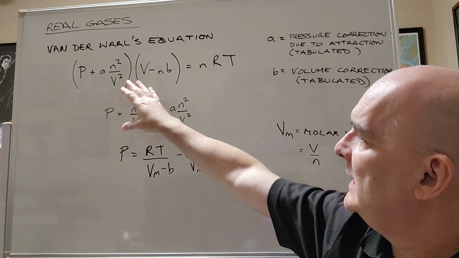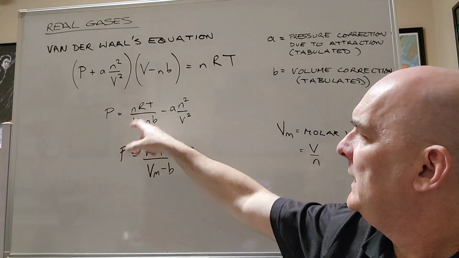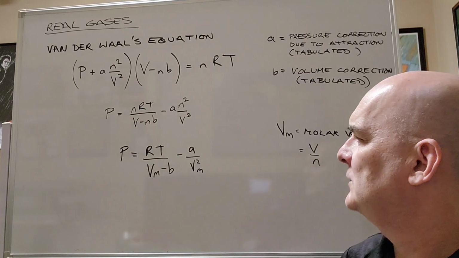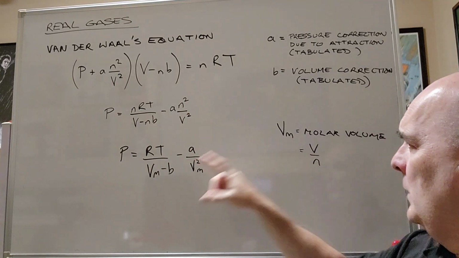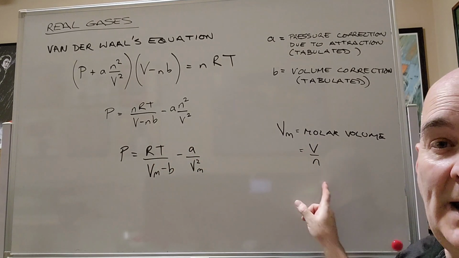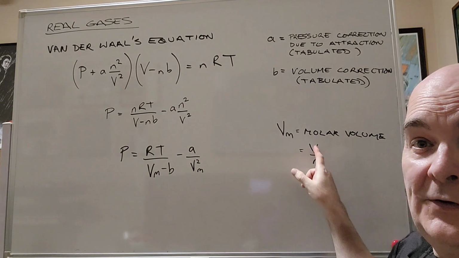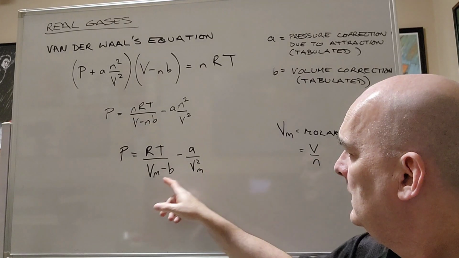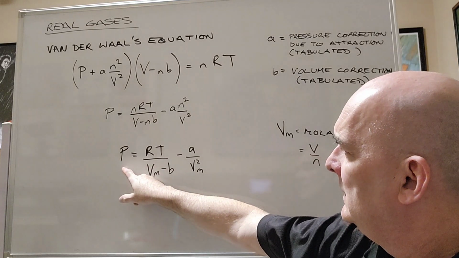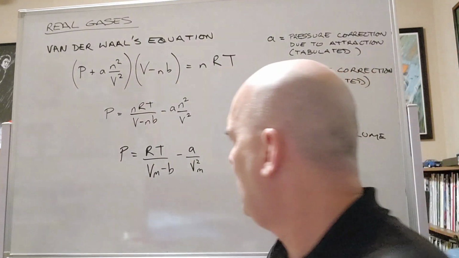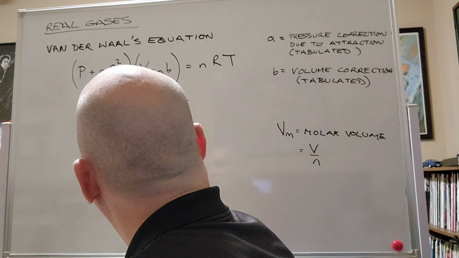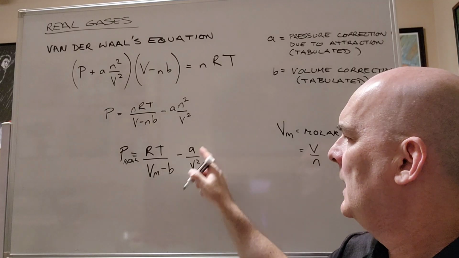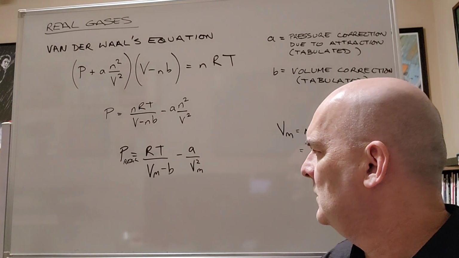So if you rearrange that exclusively in terms of P, P equals nRT over V minus nb, minus an² over V². And if we do that trick where we replace V with Vm, the molar volume, a volume per mole that we used in the previous section, then P for a real gas equals RT over Vm minus b, minus a over Vm².